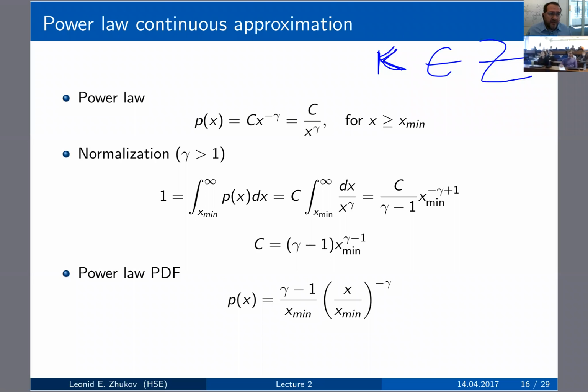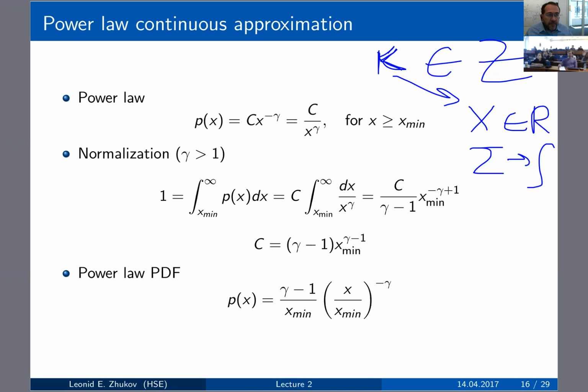And so one way of dealing with that is to replace them with continuous variables, like some variable x that can take any value, and then replace summation by integration, and then do all computations using this continuous algebra, and then map it back into discrete if needed. And you'll see a lot of this type of trick.